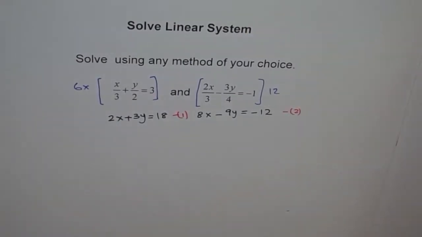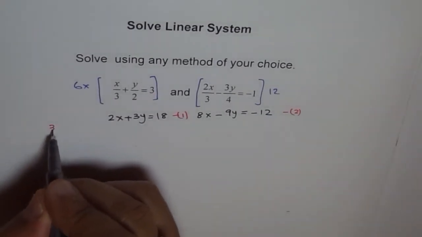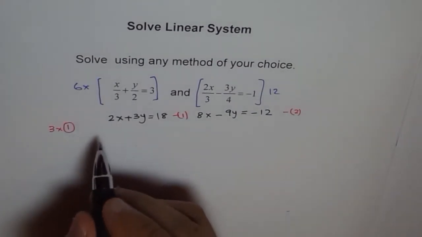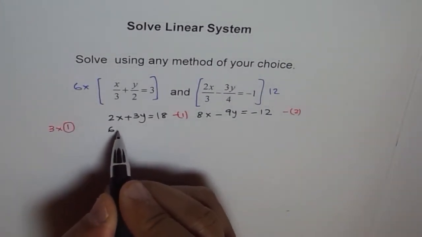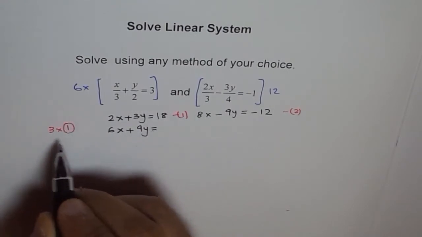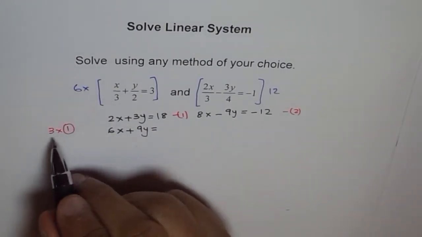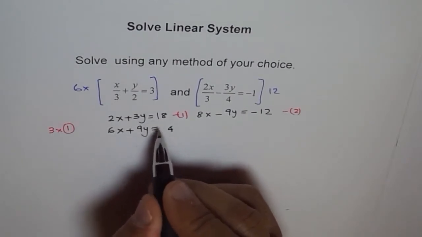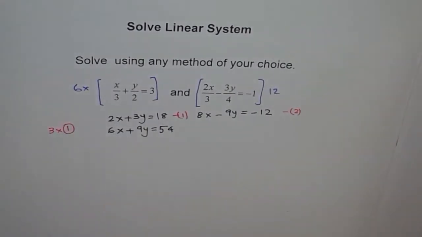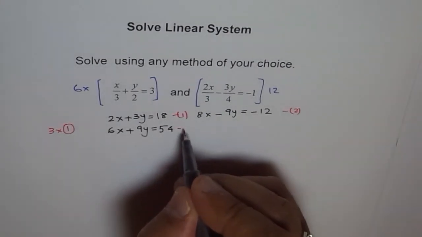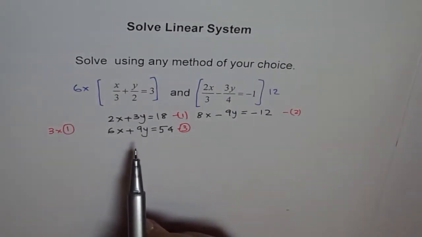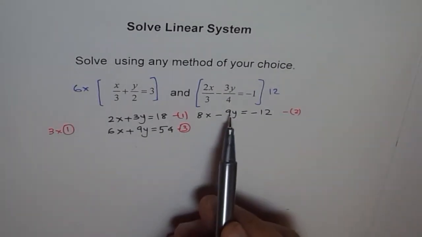So we will do 3 times equation 1, okay? If I do 3 times equation 1, I get 6x plus 9y equals 3 times 18, which is 54. Let's call this equation 3. Now we have 9y here, right?